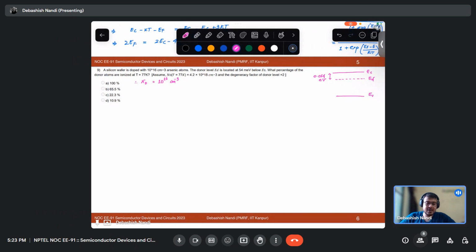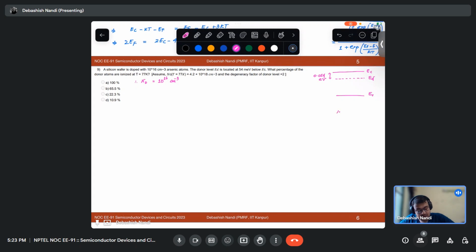Yeah, basically, when you dope it, what is your silicon atomic density? I told you that it is around 10 to the power 22 per centimeter cube. This amount of silicon atoms are present, okay? And how do you dope? Your arsenic atom, maybe you are doping at 10 to the power 17 per centimeter cube.